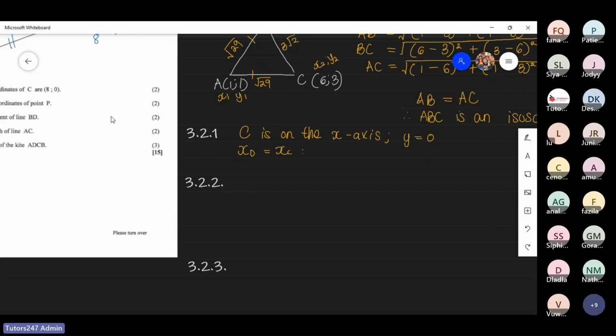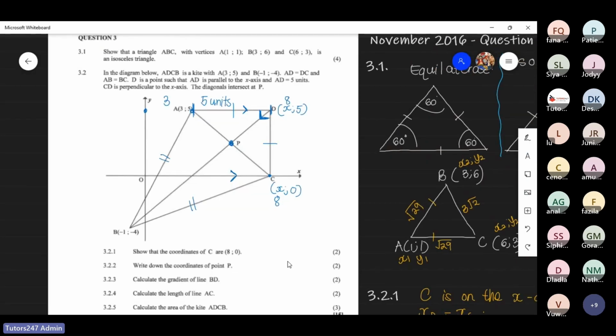Let us go back to our diagram. Because AD is perfectly horizontal, meaning it's a straight line, we know that A is 3 and D is 3 plus 5, which makes D 8. Think about it like this. If you were standing at point A and you walk 5 steps to the right, you'd be at position 8, right?